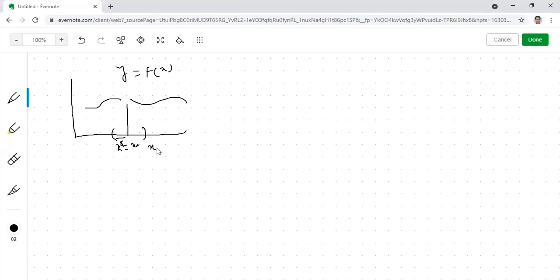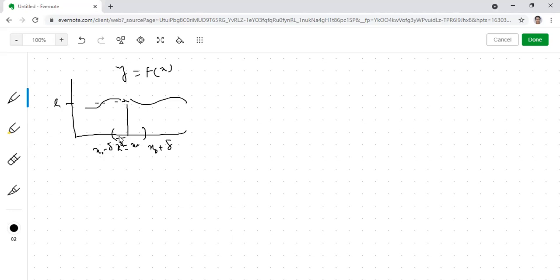So this will be x0 plus delta, and this will be x0 minus delta. Now we vary the value of the independent variable inside that interval. Then we try to find the approximate value of the function while we vary the values of the independent variable in that interval. Let's say this functional value is L.